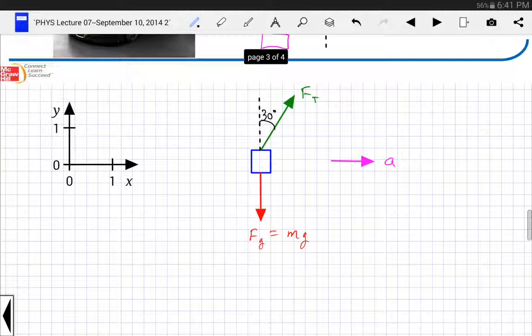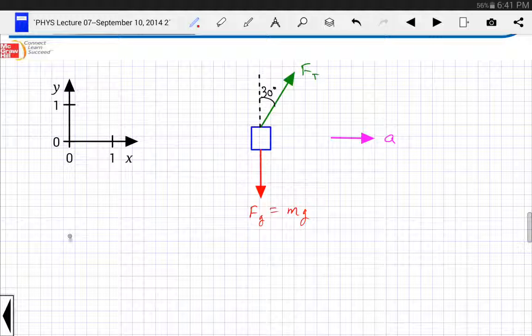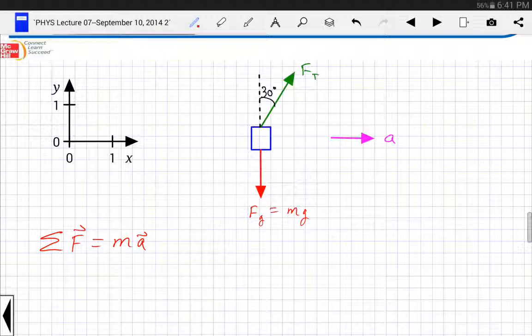So, solving this, I know that Newton's second law says the sum of the force vectors is equal to the mass times the acceleration vector. Now, in the last problem, I broke it down and just did one direction, the vertical direction.